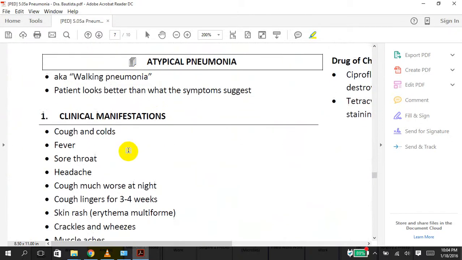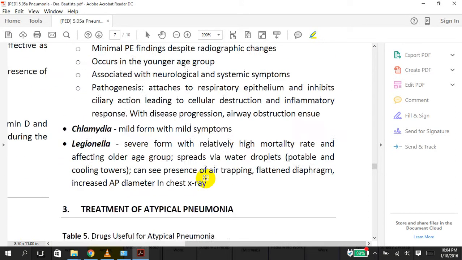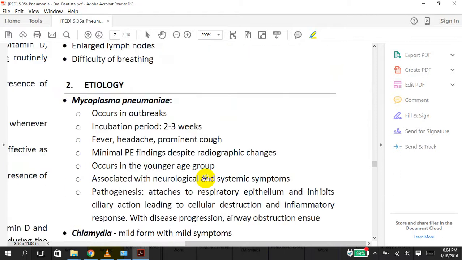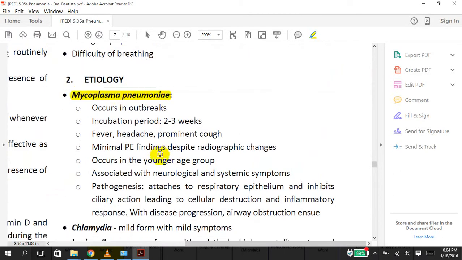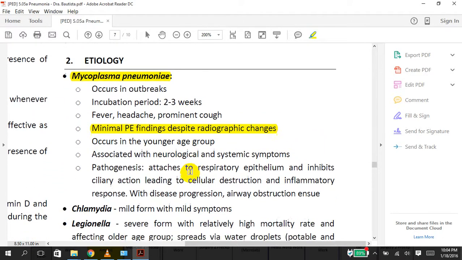For the atypical pneumonia, any extrapulmonary manifestations like the skin rash here, or any muscle ache, or any GI symptoms, you can think of atypical microorganisms that cause the pneumonia, like Mycoplasma pneumoniae. And then one thing is that they will have minimal PE findings despite the worrisome radiographic changes.